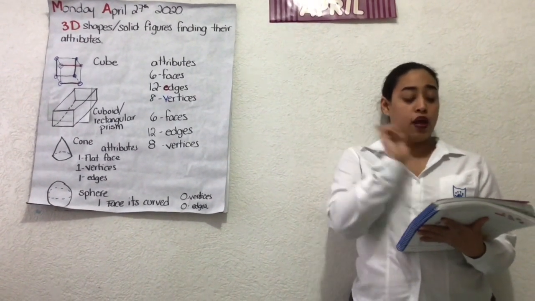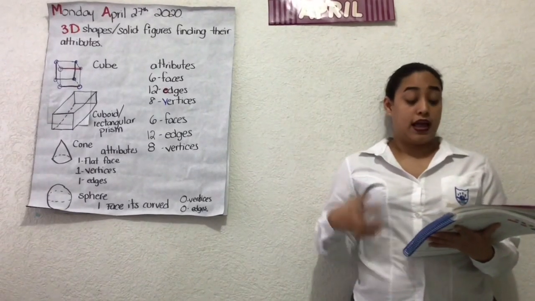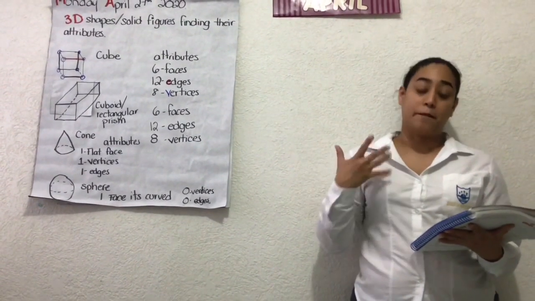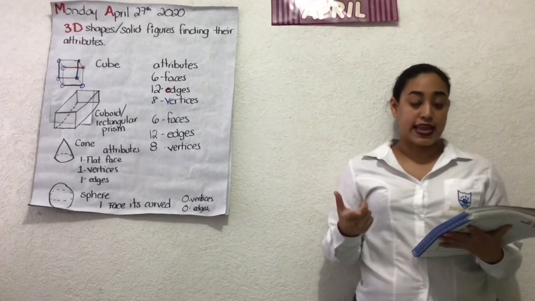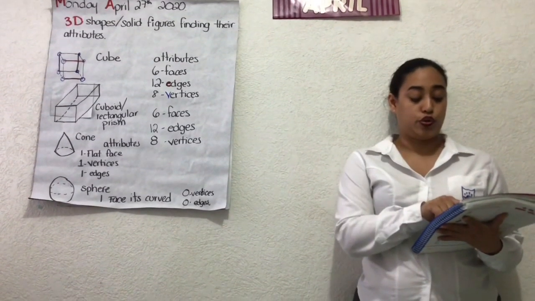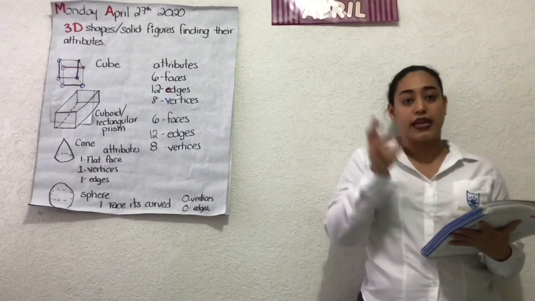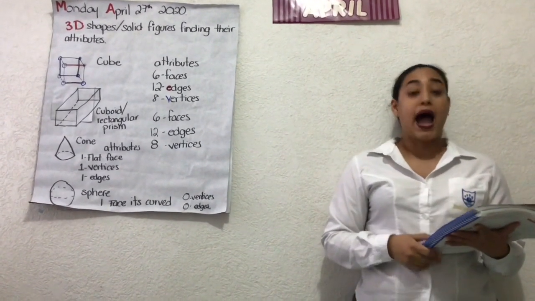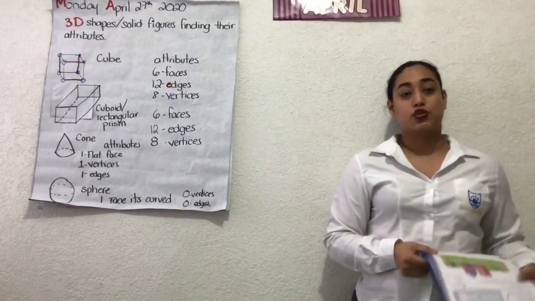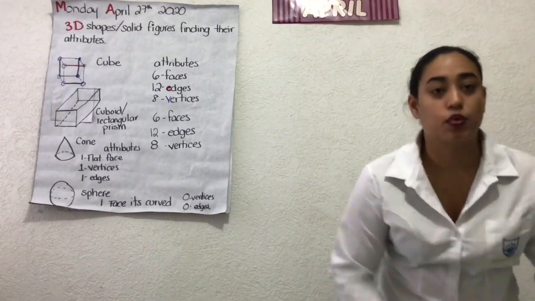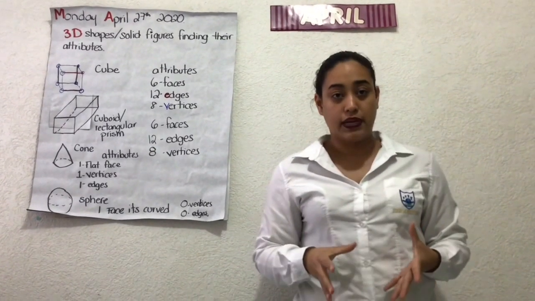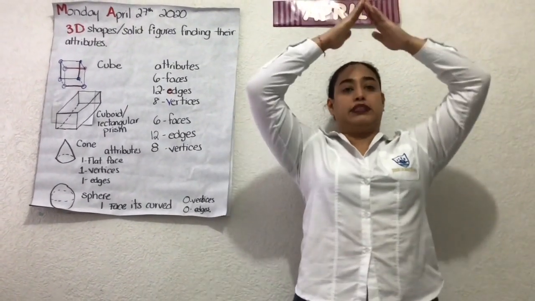In the first one, we have the cube. The squares make up a cube. The rectangular prism is like the one I just showed you. Many rectangles and two squares help me make a rectangular prism. A pyramid. Okay guys, a pyramid is a little bit different. Why? Because a pyramid has a square at the bottom and then triangles that make it up.